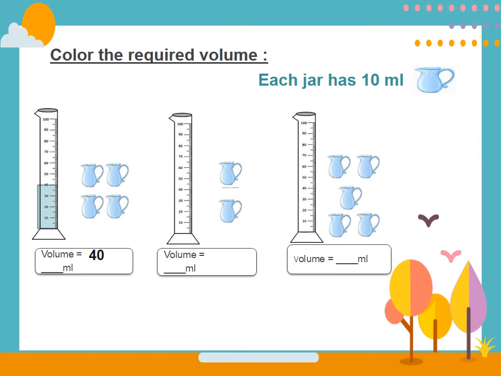Color up to 40 milliliters. The next one, we have 2 jars. 2 by 10, each one has 10. So 2 by 10 equals 20. And fill the graduated cylinder up to 20. The last one, how many jars do we have? 5. So 5 by 10 equals 50. So we're going to color here up to 50 milliliters.